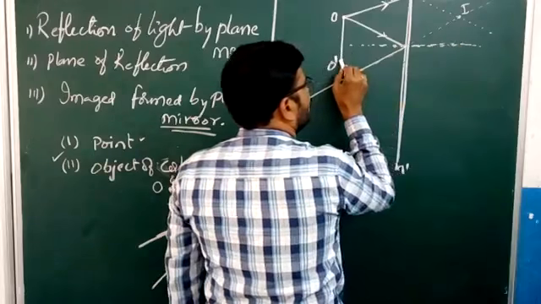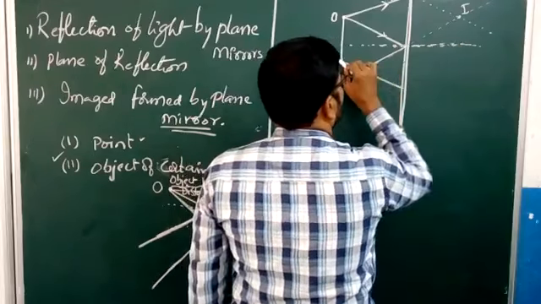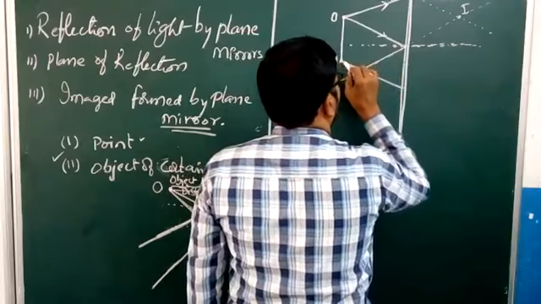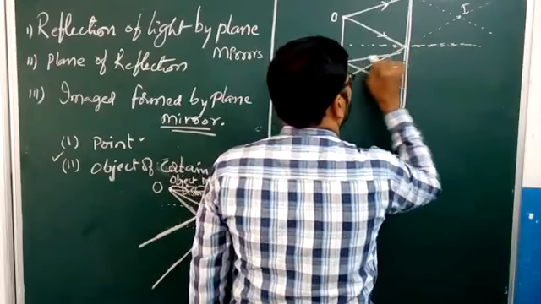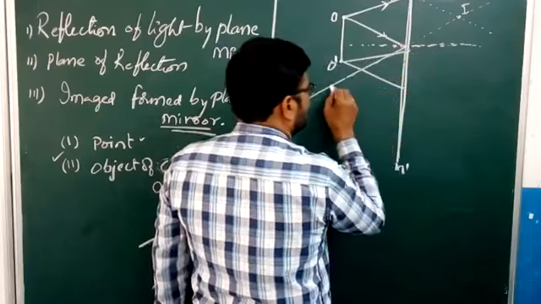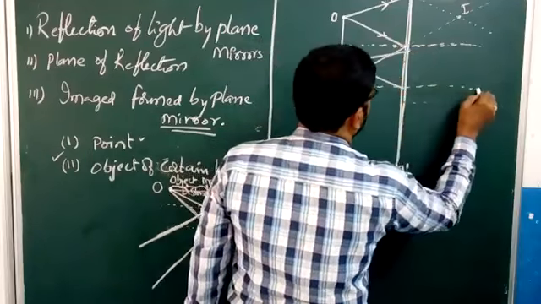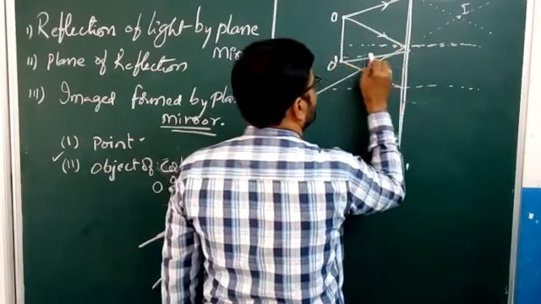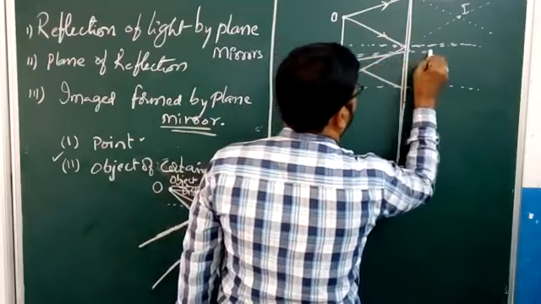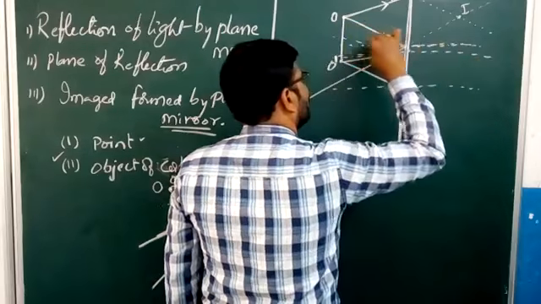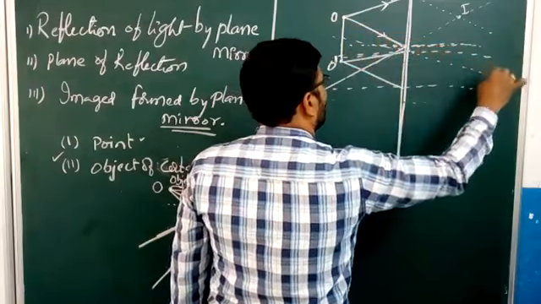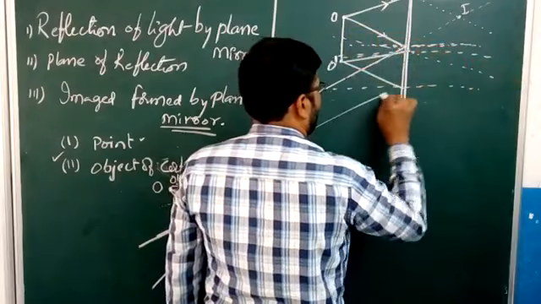Similarly you can draw two rays over here and two more normals for these two rays, and this is your ray.